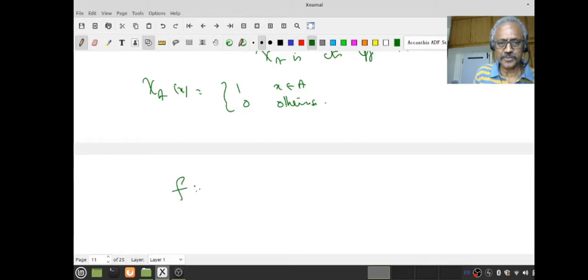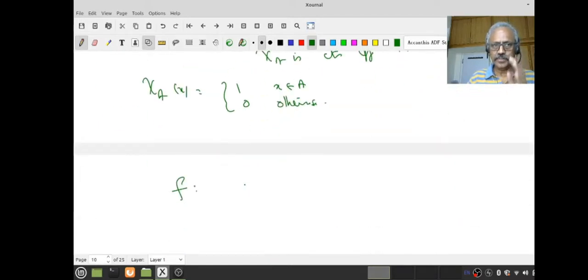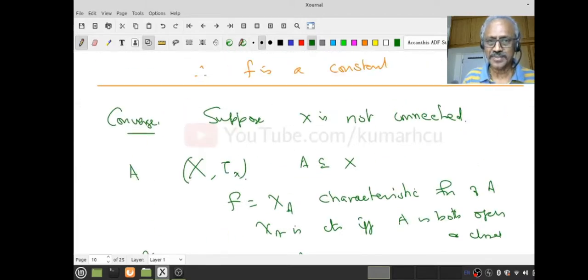So what do I have to do? I have to arrive at a contradiction, right? So I have to think of a continuous function f from X to R, which takes values only in plus or minus 1, but is not a constant. That means it takes both the values plus 1 and minus 1, right? And since it's not connected, what do I know?